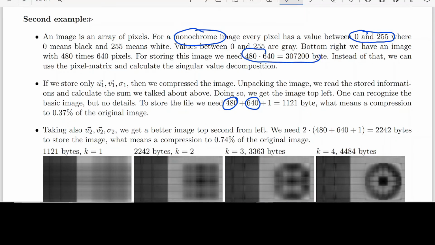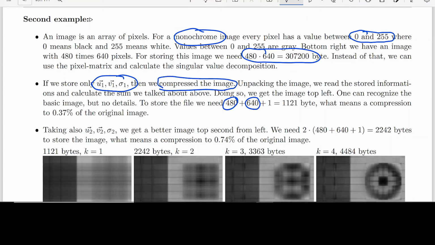So that means it's 307,000 bytes of size. And now we can say, okay, this array, we can also do the singular value decomposition. And if we store not the complete information, but only the first column of u, the first column of v, and the first singular value, then we have a compressed version of the image.